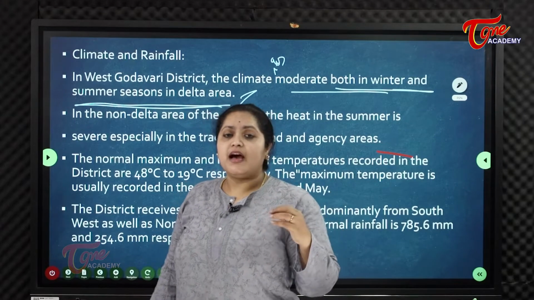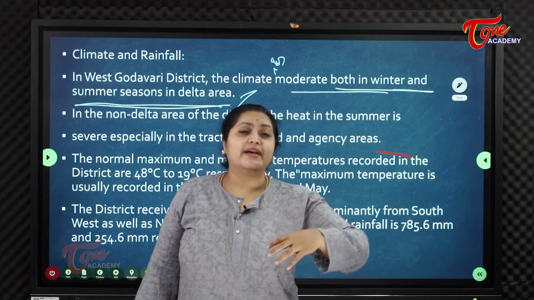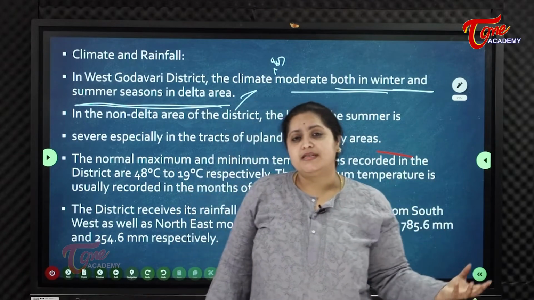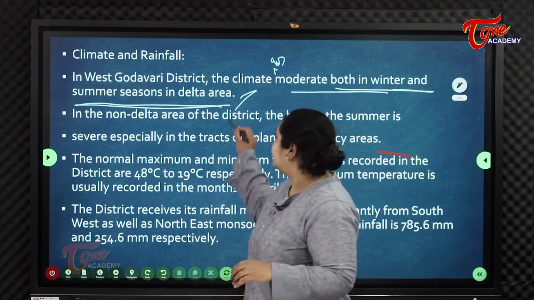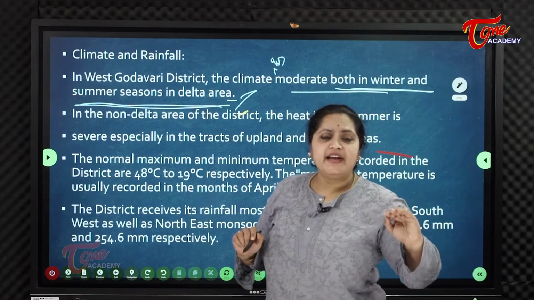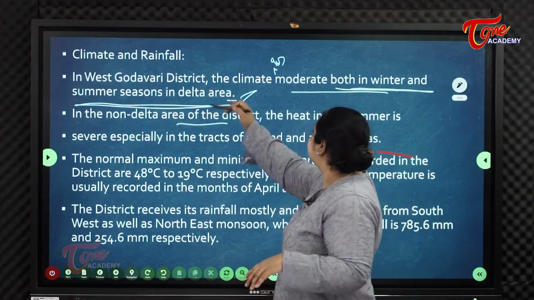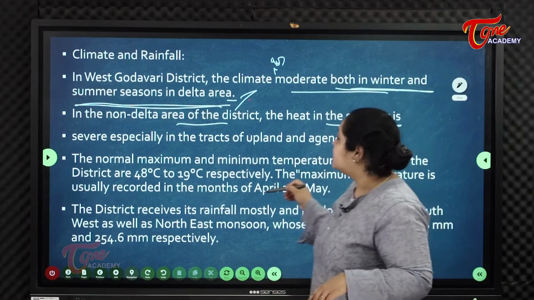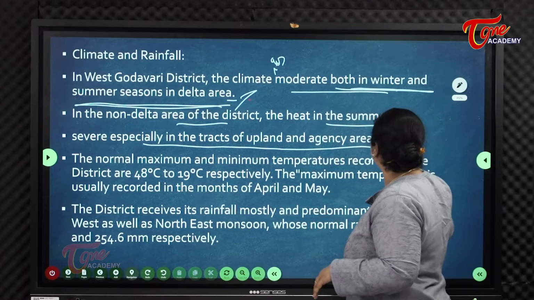Here the climates are moderate, not too sunny and not too cold, in both winter and summer. In the non-delta areas of the district, the heat in the summer is severe, especially in the tracts of uplands and agency areas.